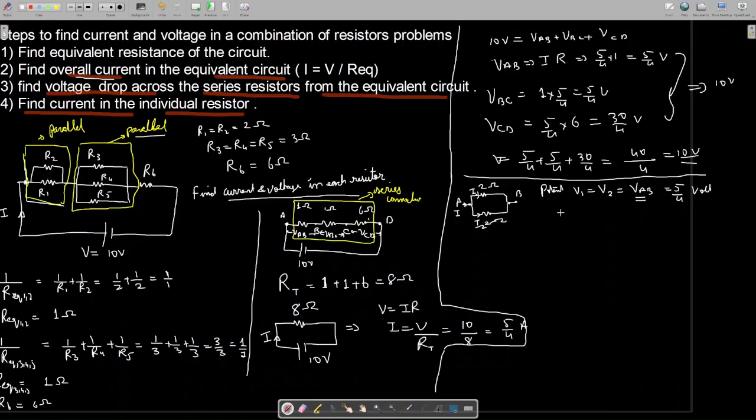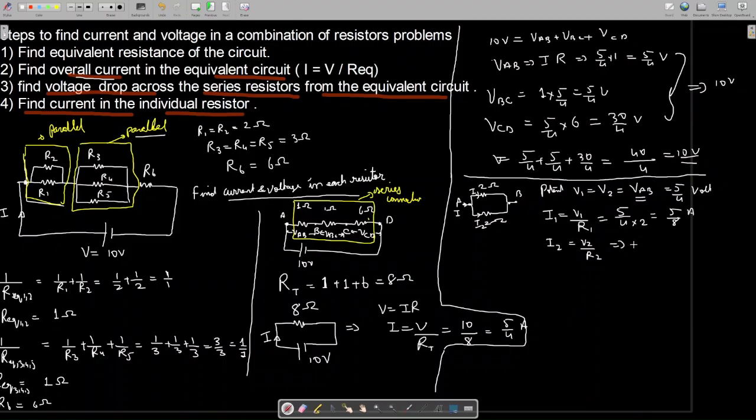Now how to calculate current? Current I1 equal to V1 by R1 and current I2 will be V2 by R2. Now V1 is 5 by 4, R1 is 2 ohm. So it will be 5 by 8 ampere.